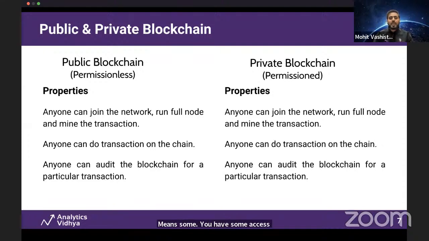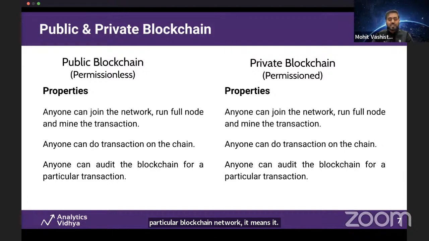A private blockchain ecosystem is created between only known members, but a public blockchain ecosystem is created for unknown members. It means anybody can join the network, run a full node and mine the transactions. Don't go technical, just understand: if everybody can join a particular blockchain network, it is a public blockchain network.